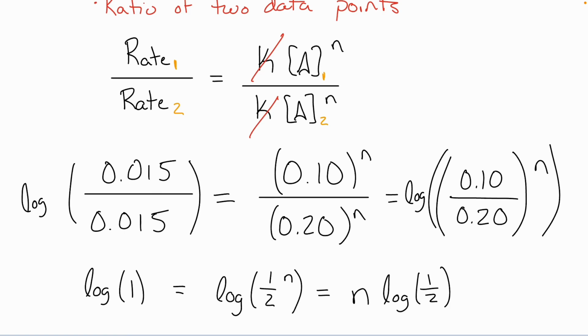So then how am I going to get n all by itself? Divide both sides by that log of 1/2, right? Move it to the other side. And again, just by looking at the data, what do we say n should be? 0.